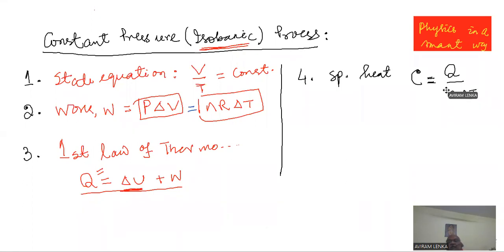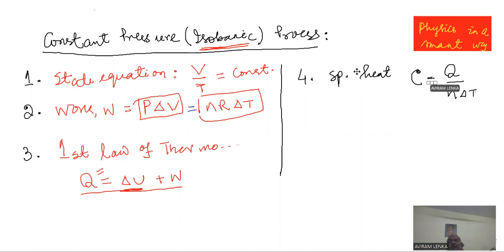But because we know a gas can have many different specific heats, and here we are trying to find out specific heat, and our process is a constant pressure process, so our specific heat will definitely be a constant pressure specific heat.